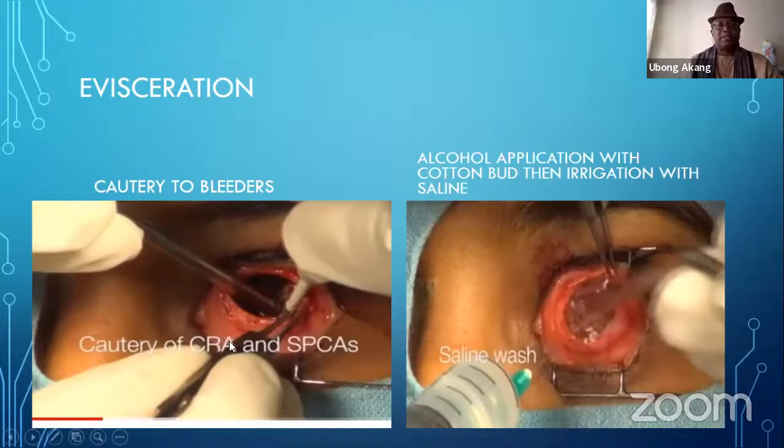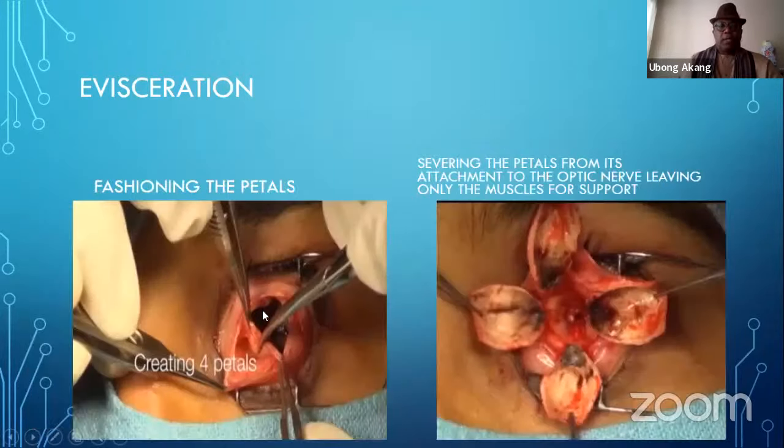So cauterize the central retinal vessels and the vortex and other disturbing vessels. You can now use saline to wash out after you may have applied your alcohol to take out the uveal tissue. And then we can now create either 2 petals or 4 petals.